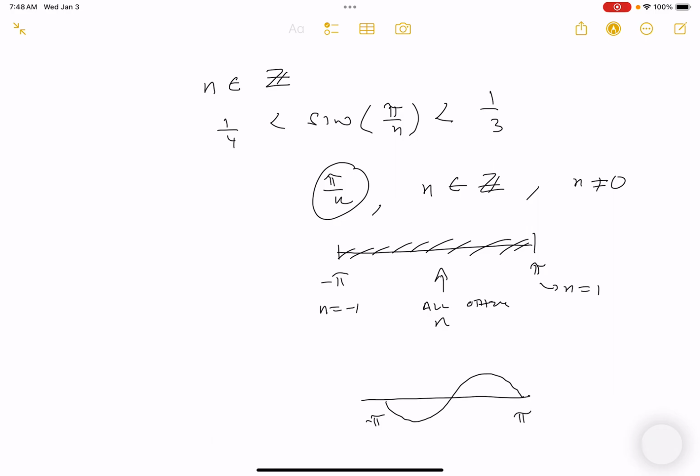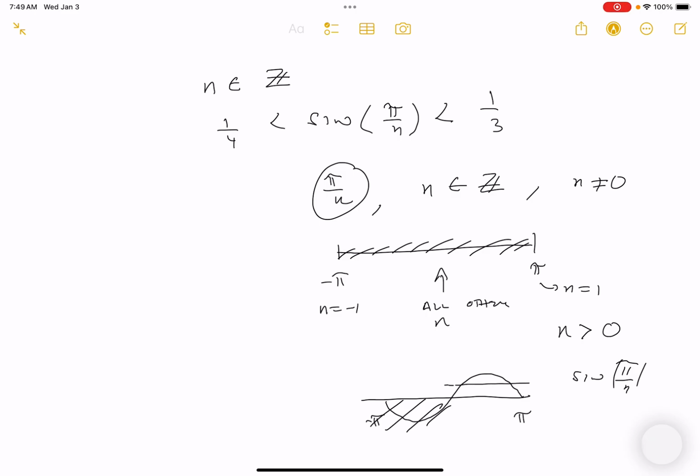Now, I know it has to be between 1/3 and 1/4, so I'm going to say those negative n's are out of the question. So n must be greater than 0. All right? But I want this sine function, and what I mean by that, the sine of pi over n, to be between 1/3 and 1/4.